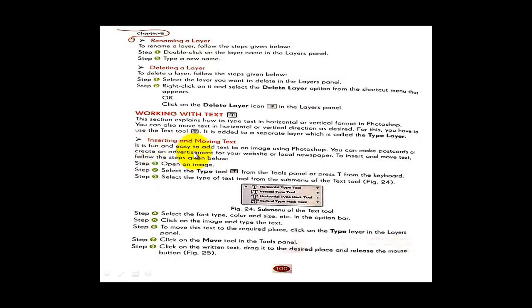Now it is fun and easy to add text to an image using Photoshop. You can make postcards or create an advertisement. I have told you to make an advertisement, or you can make postcards or an invite card for your birthday, or create an advertisement for your website or local newspaper.